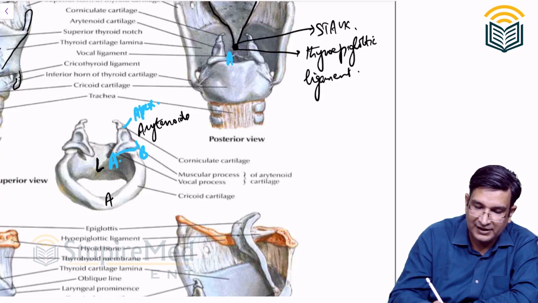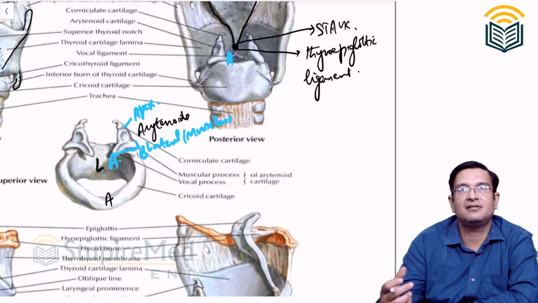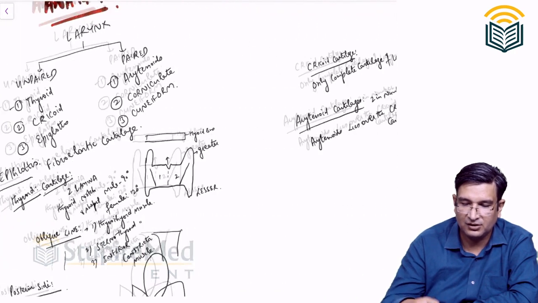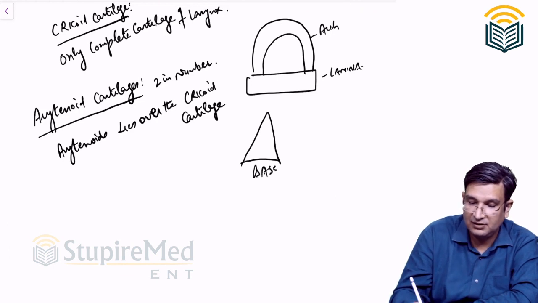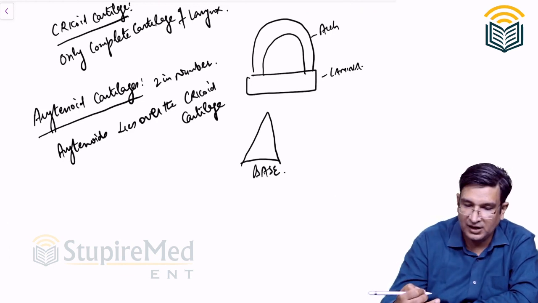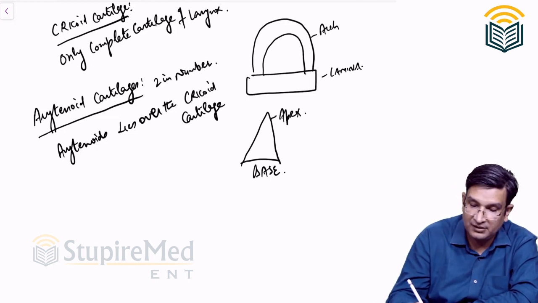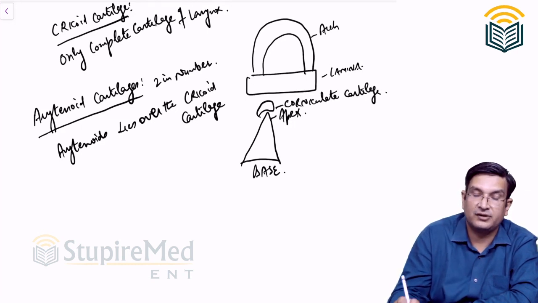Another process is lying laterally. This lateral process is called the muscular process, because intrinsic muscles of the larynx attach to it. So just to summarize, arytenoid has a base which lies over the cricoid cartilage. It has an apex, over which lies the corniculate cartilage. Then it has two processes.